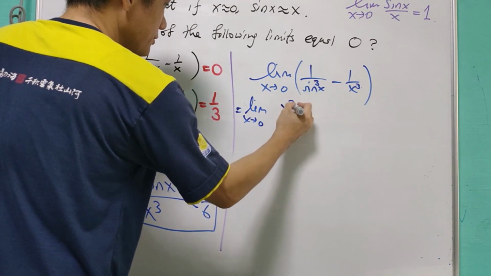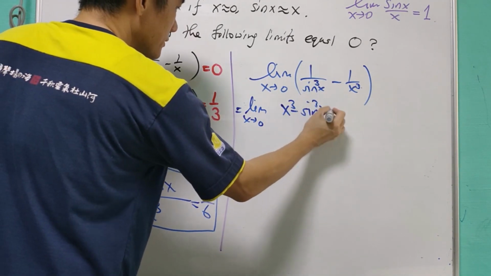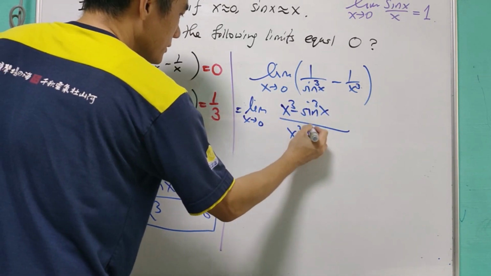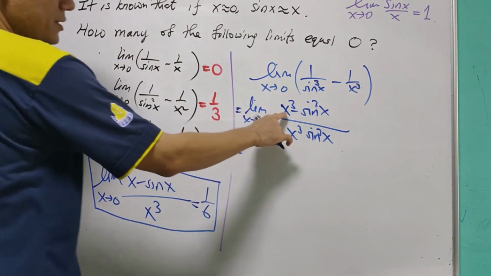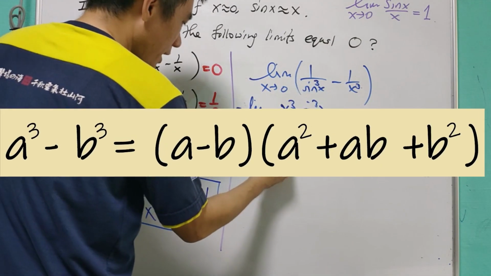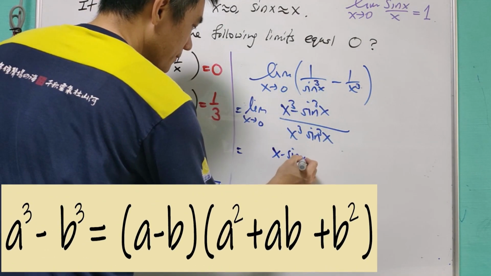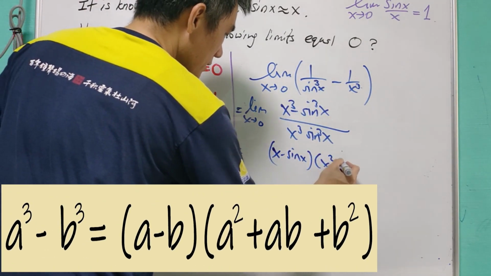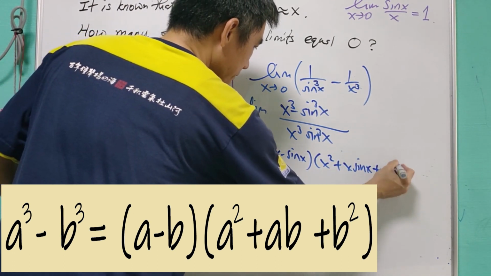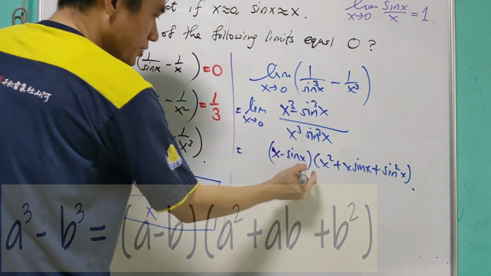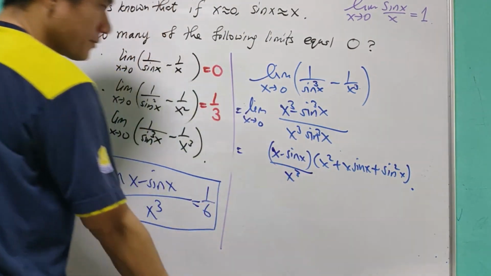For the third, this is x cubed minus sin cubed x over x cubed sin cubed x. Notice that this is a cubed minus b cubed. It can be written as a minus b times a squared plus ab plus b squared. x cubed, we can write it here.